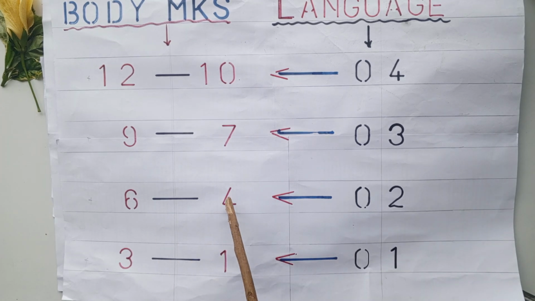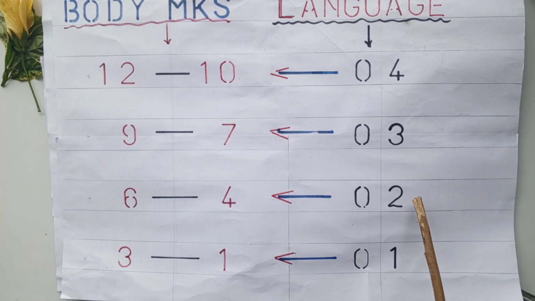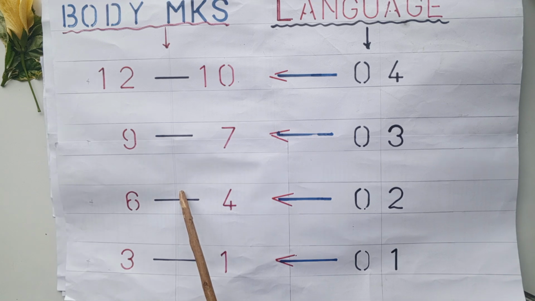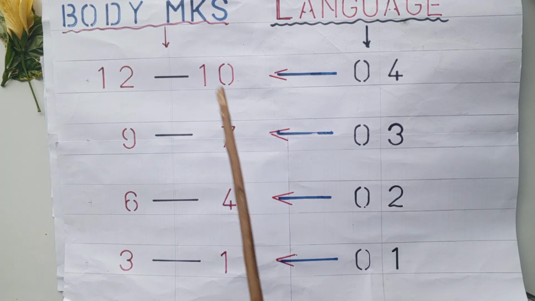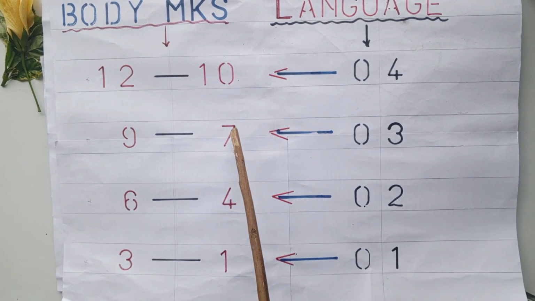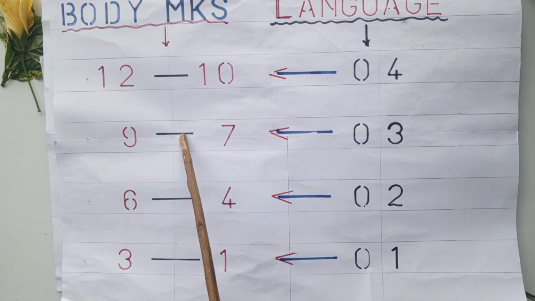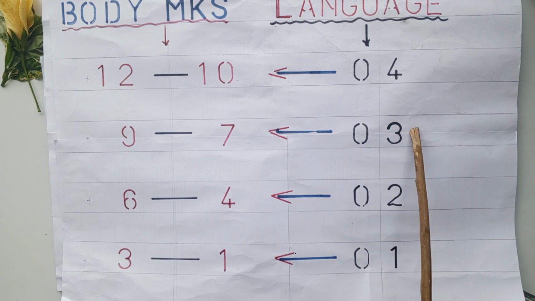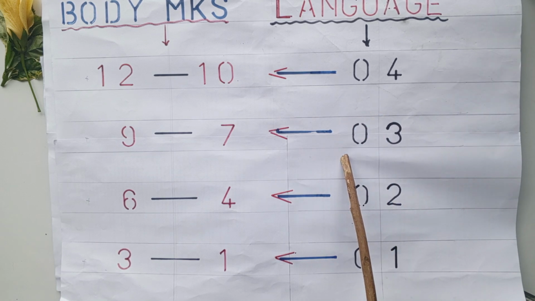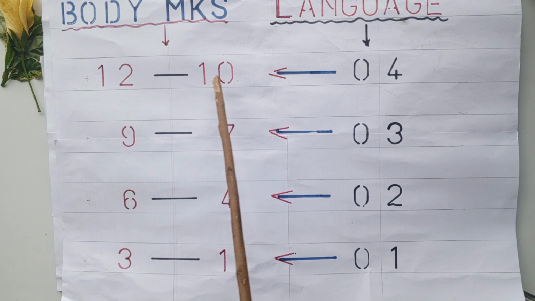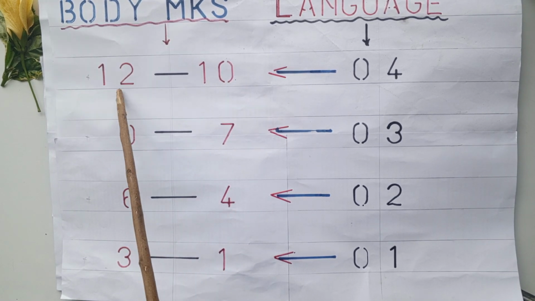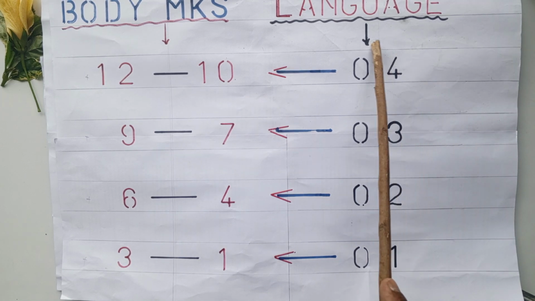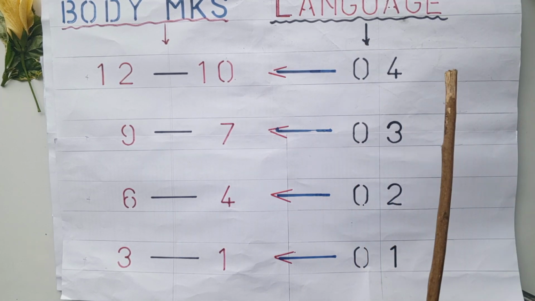If you score 4 marks in the body, you are given 2 marks. 5, you are given 2 marks. Body marks 6, you are given 2 marks. Body marks 7, from 7, 8, 9, automatically in language you get 3 marks. Between 10 marks and 12 marks, 10, 11, 12, you qualify to get 4 marks.